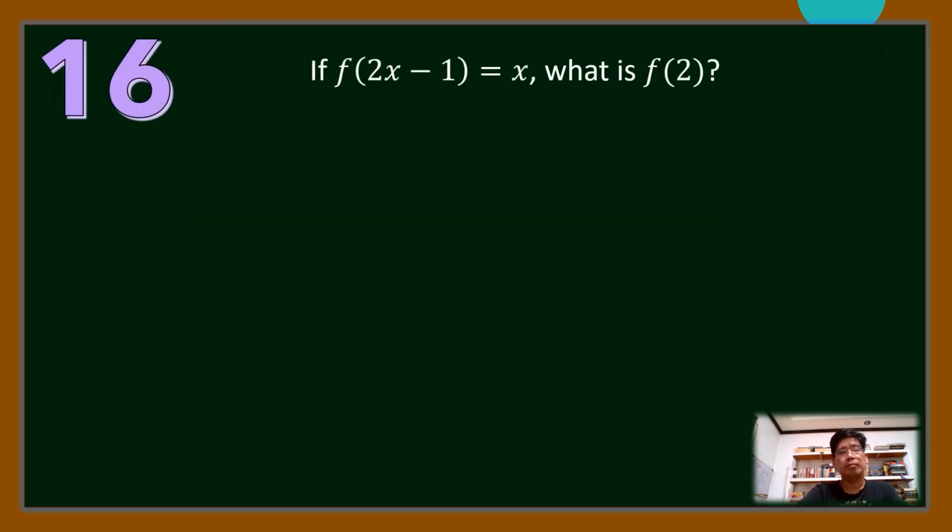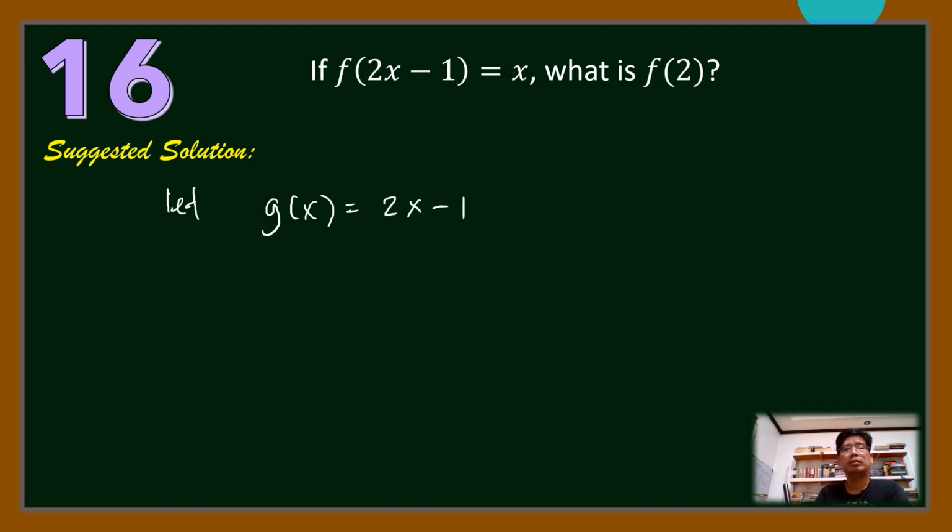Problem number 16. If f of 2x minus 1 equals x, what is f of 2? Number 16 is an example of a composition of function. So here's our suggested solution. Let g of x be equal to 2x minus 1.